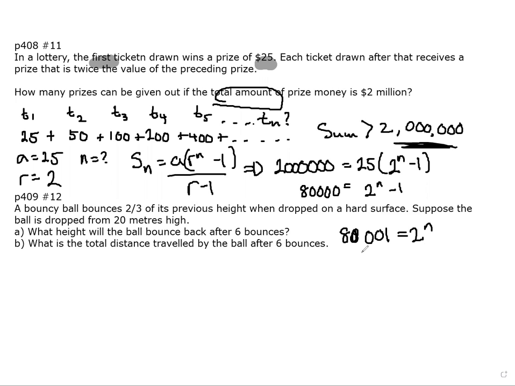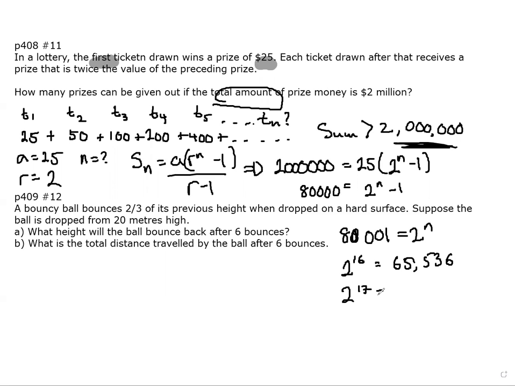Again, at the grade 11 level, we would not have done logarithms just yet. If you know it, great. But using trial and error, let's force the issue. 13, 14, 15, 16, 17. If you try 16, it should be approximately 65,536.